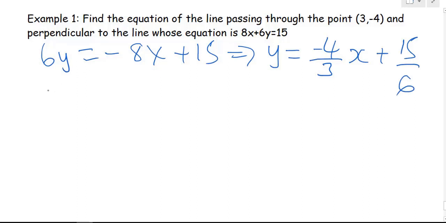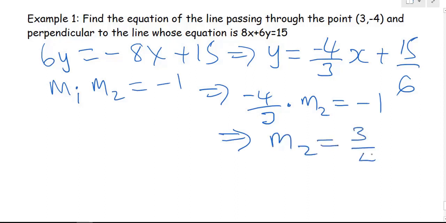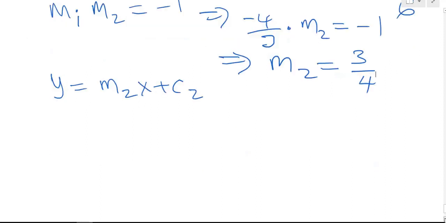Since m1 multiplied by m2 is equal to minus 1, it means that minus 4 over 3 multiplied by m2 is equal to minus 1, which tells us that m2 is therefore equal to 3 over 4. The equation of the second line is y is equal to m2 x plus c2. We substitute the known values, and we have y is equal to 3 over 4 x plus c2.